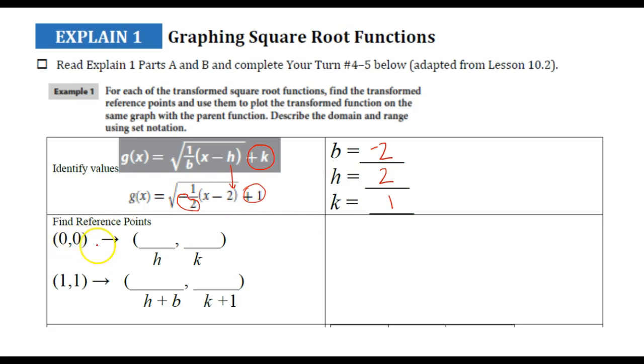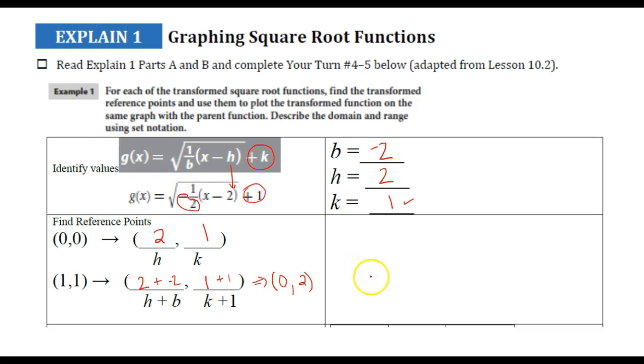So our reference points will change slightly. Our h and k will still be our first reference point, which would be 2, 1. Our h value was 2 plus -2, and our k value would be 1, 1 plus 1. If I simplified that further, that would be 0, 2.